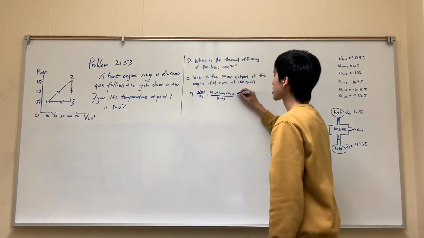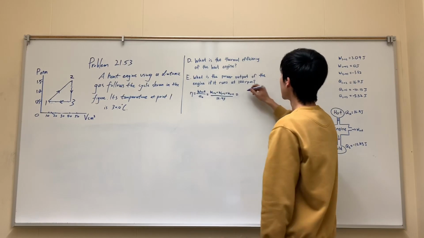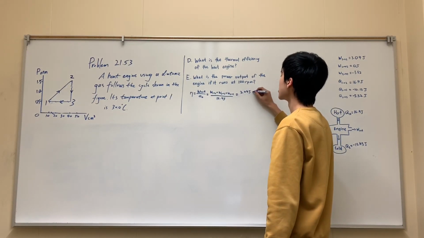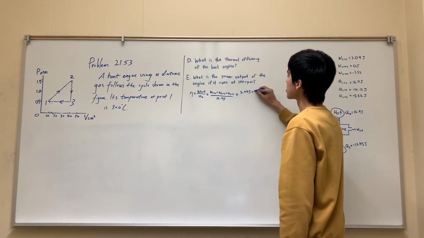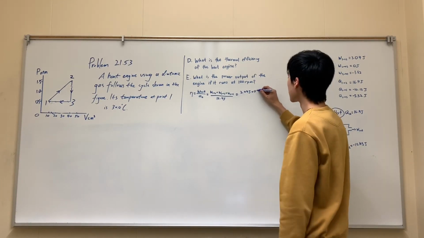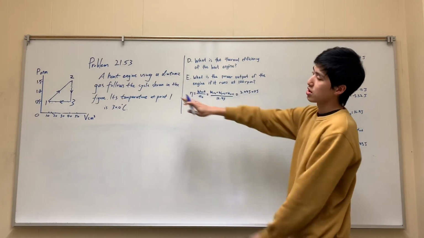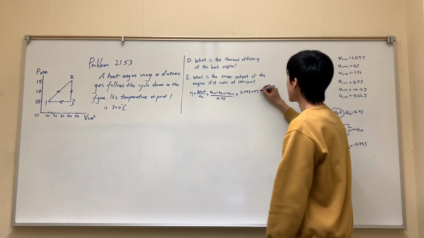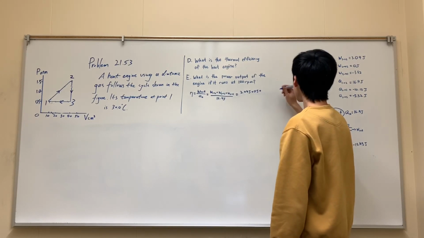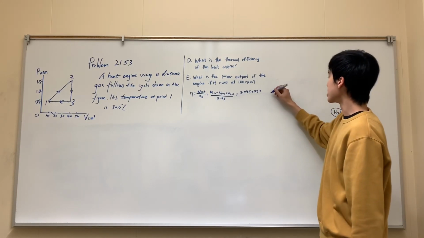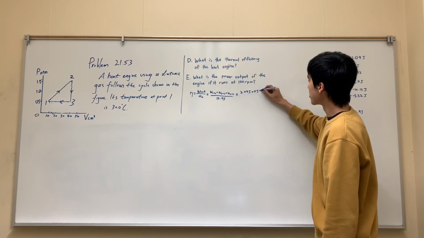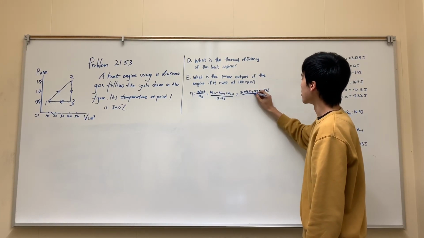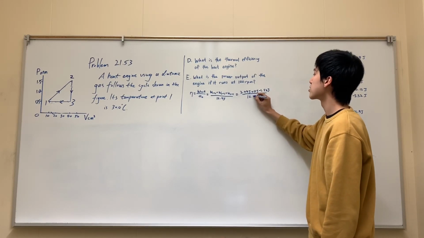So the total amount of work is 3.04 joules from 1 to 2, and then 0 joules from 2 to 3, because we know that 2 to 3 is isochoric, and then the work done on 3 to 1 is negative 1.52 joules, all over 16.9 joules.